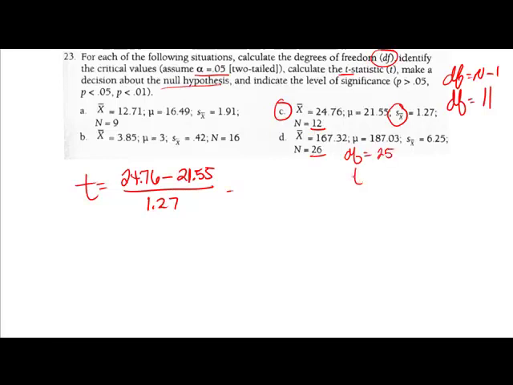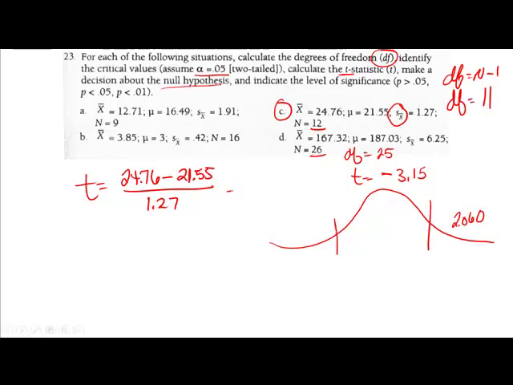The t-score that you'll calculate is a negative 3.15. When you draw out your curve and you look for degrees of freedom of 25, 2.060 is going to allow you to reject.